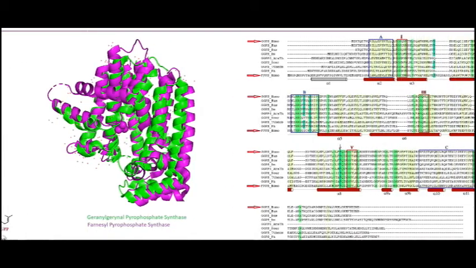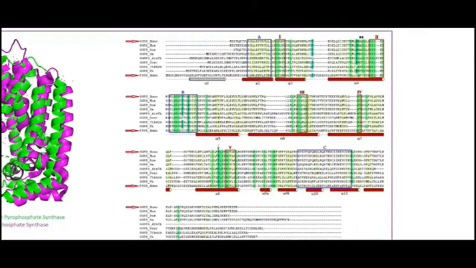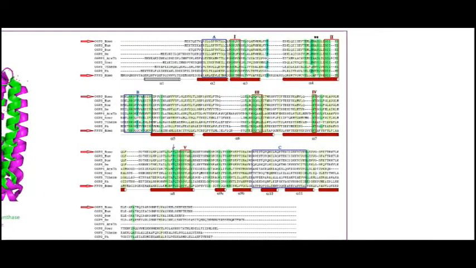So that's something you find in proteins quite often, that even something like just 30% identity between two proteins can actually be considered quite high.